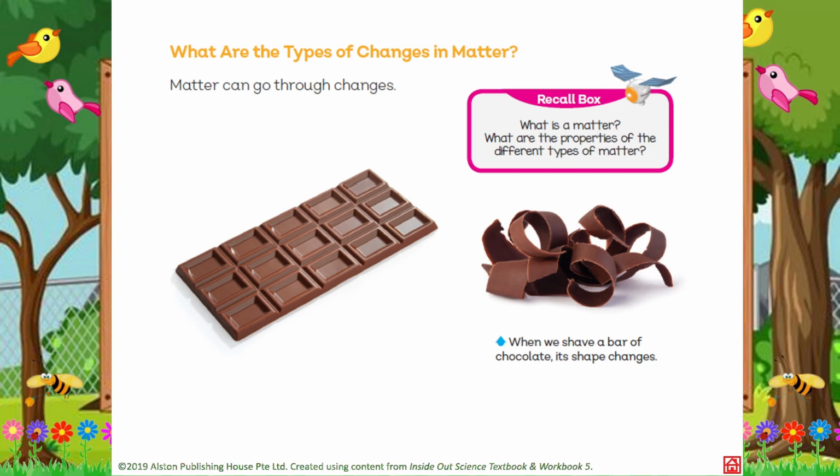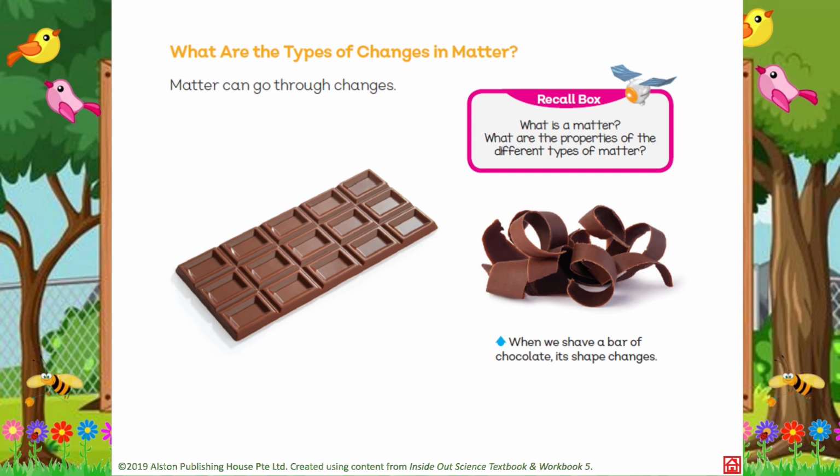Okay, so for example, examples of solid are rocks, a television, a table, a chair. Examples of liquid are, for example, juices, water, sauce. And examples of gas are, for example, carbon dioxide, oxygen.